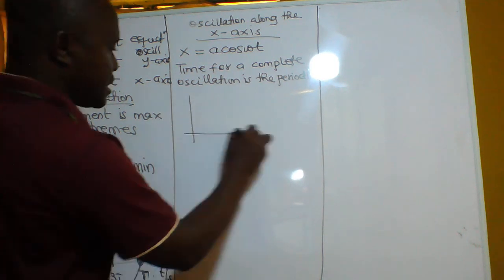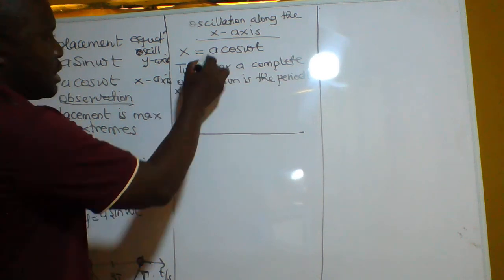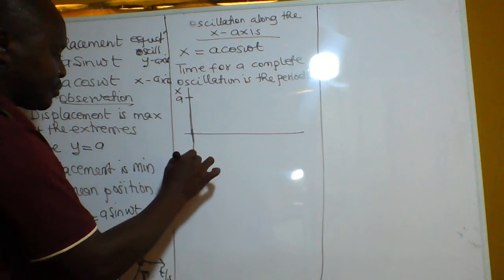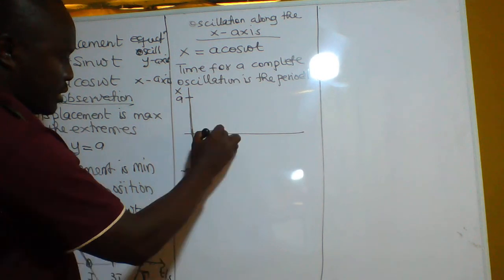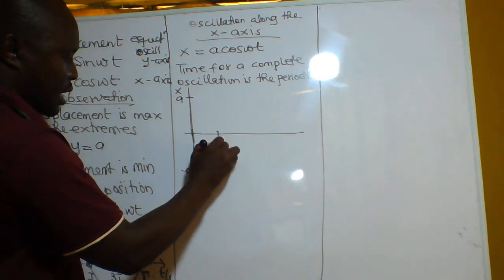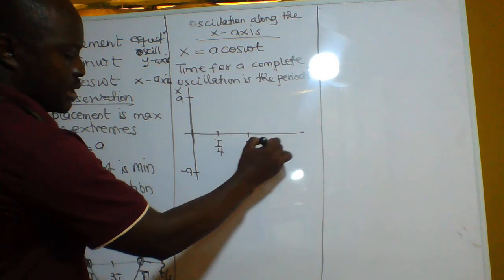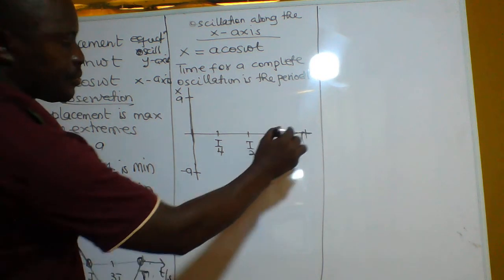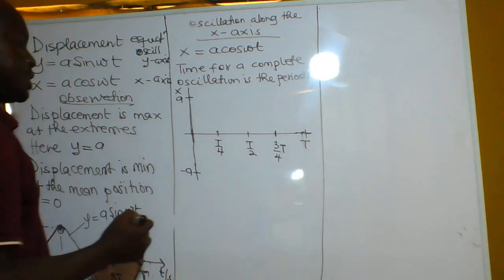The vertical axis will be for our displacement x. The maximum displacement is equal to the amplitude. Since there are two different amplitudes, A and minus A.